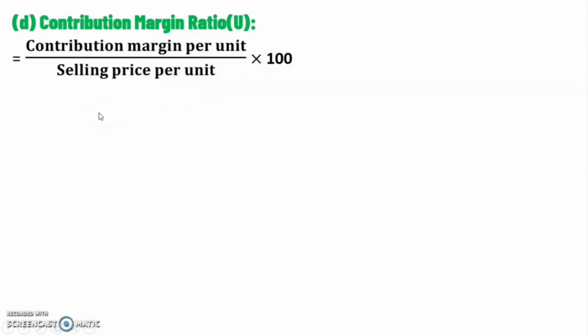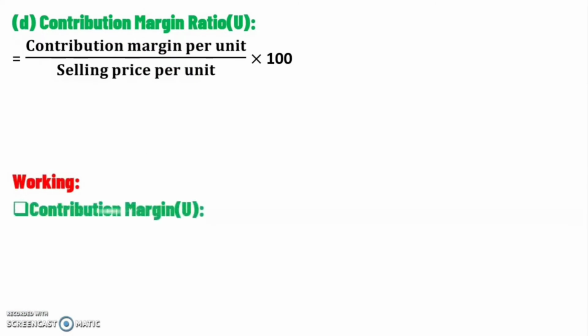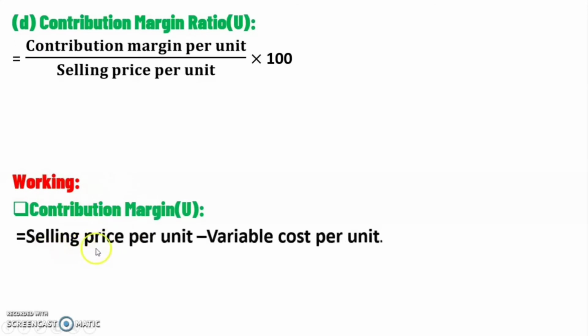So we will find the contribution margin per unit first, then calculate the contribution margin ratio. Working for contribution margin per unit: contribution margin per unit equals selling price per unit minus variable cost per unit.